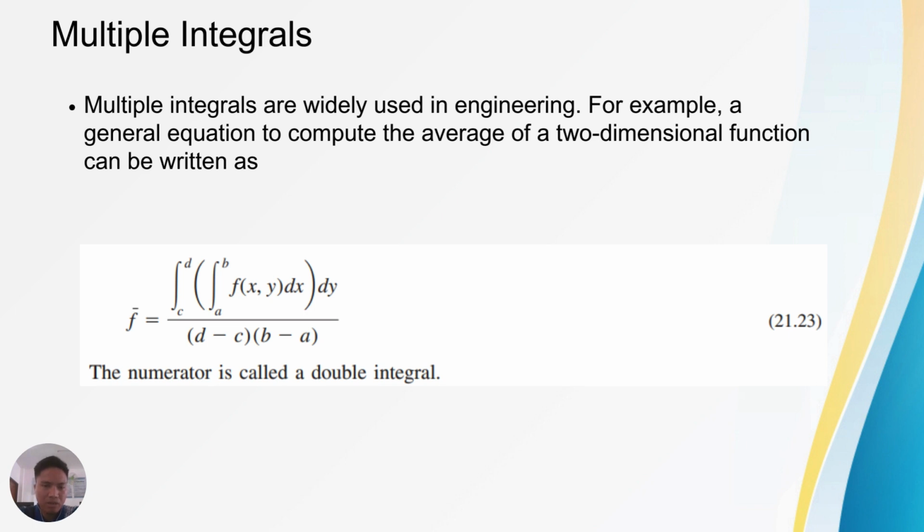For example, a general solution to compute the average of a two-dimensional function can be written as f bar is equal to the integral from c to d of the integral from a to b of f(x, y) dx dy, all over (d minus c) multiplied by (b minus a). Clearly the numerator there is called a double integral since we have double integration.